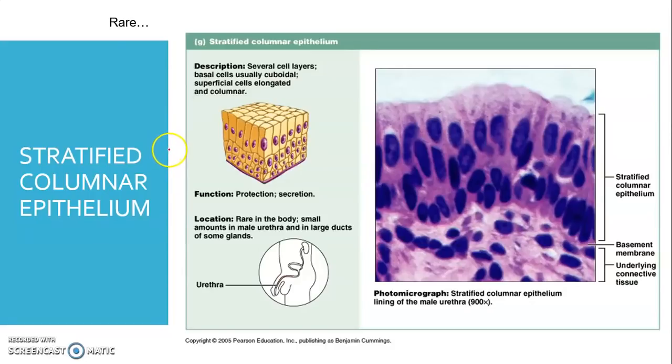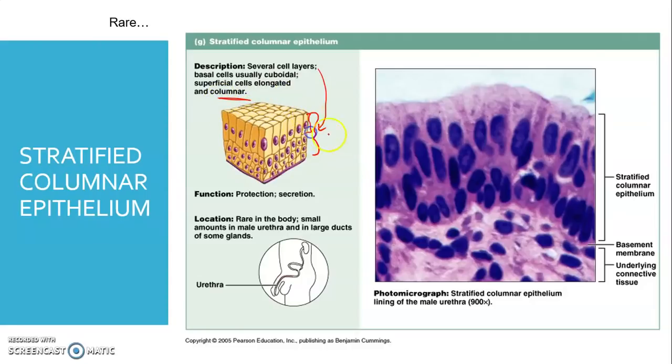Next, we go to the stratified columnar epithelium. This one is also quite rare. It consists of several layers, and of course elongated cells. This is what we call columnar.